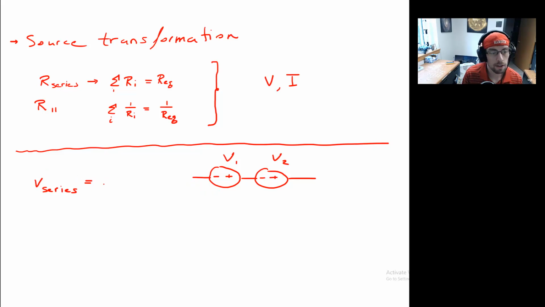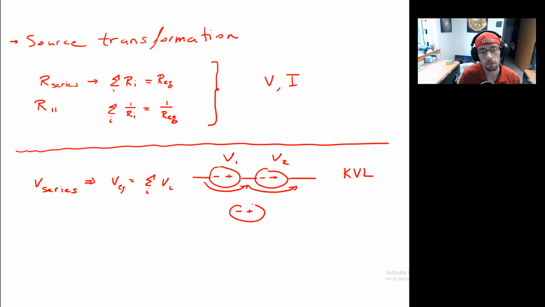The equivalent potential would simply be the summation of the individuals. And where does this come from? This is really an application of KVL. As I go over a jump and then over a second jump, that could be modeled as a single jump with a summation of the two potentials. Hopefully that's not a surprise.